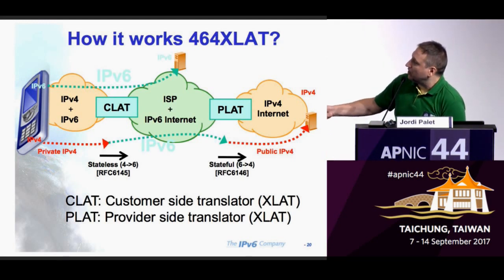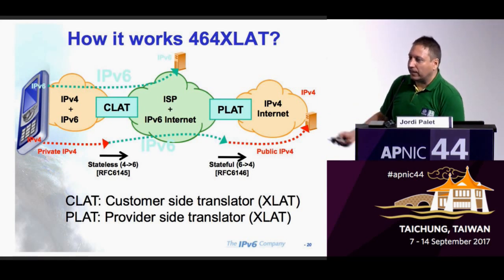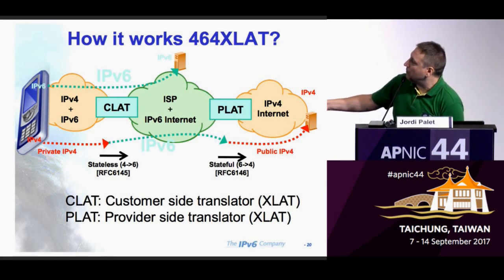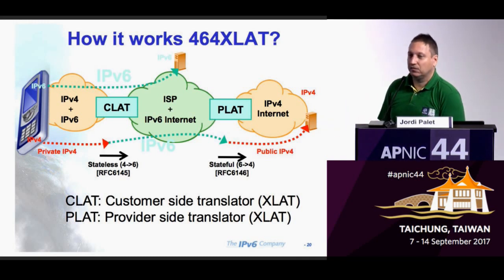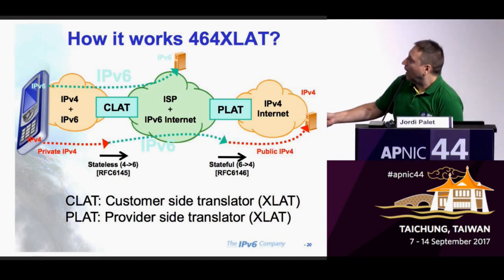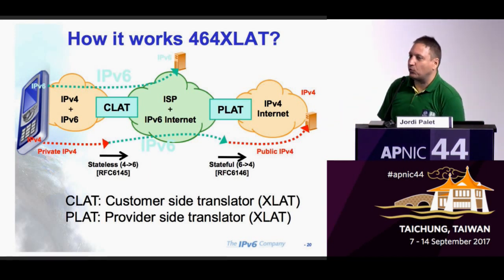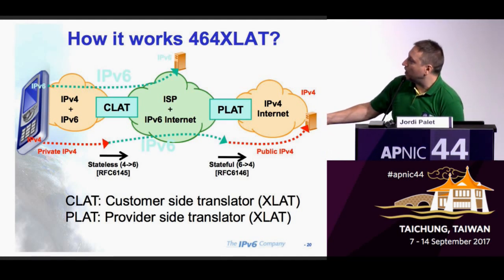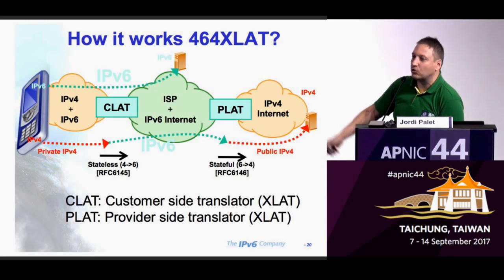The ISP network is IPv6 only. The ISP network is connected to IPv6 internet, but also to IPv4 internet by means of the PLAT, okay? And then if an application is working with IPv6, it goes through straight, no translation at all. But if the application is using IPv4, it can go through the translators, okay?